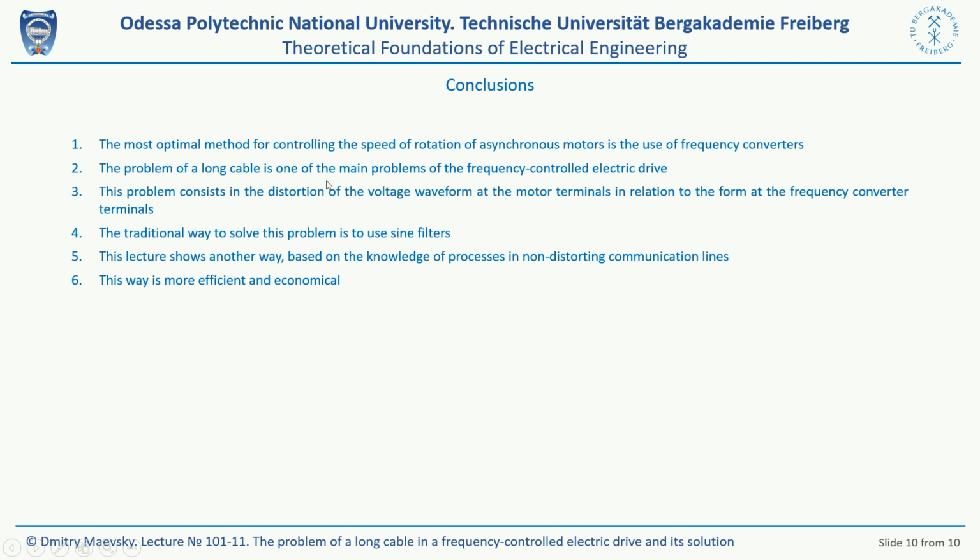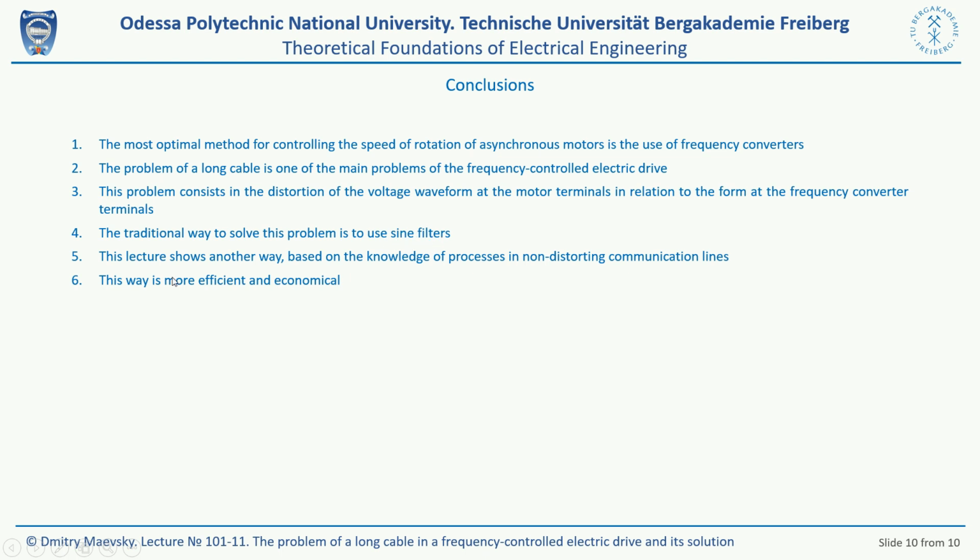One of the main problems with variable frequency drives is the problem of a long cable, which is distortion of the voltage waveform at the motor terminals in relation to the form at the terminals of the frequency converter. The traditional way to solve this problem is to use sine filters.